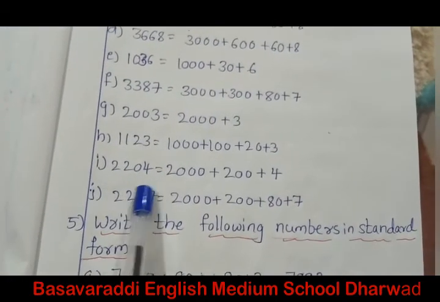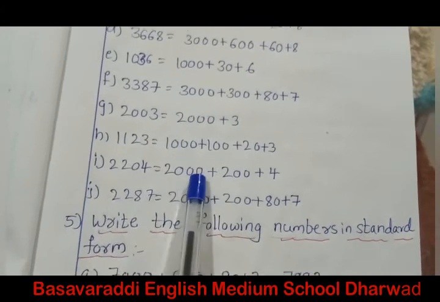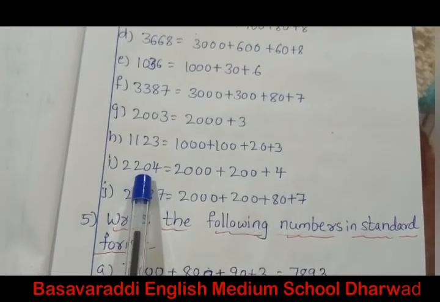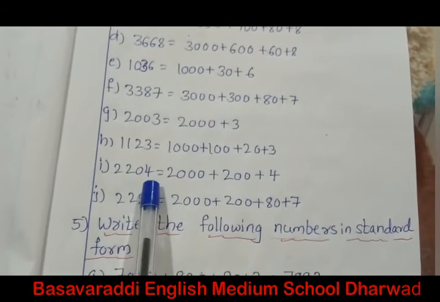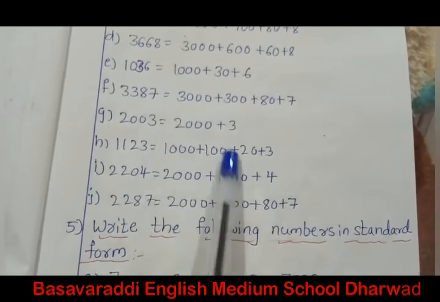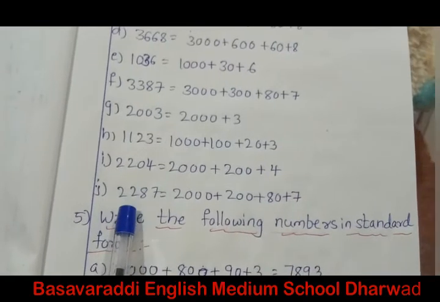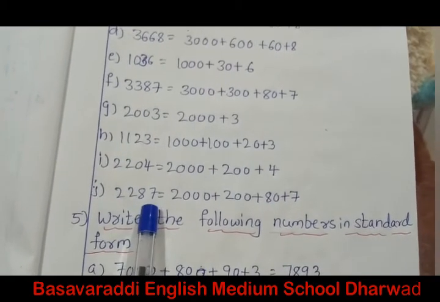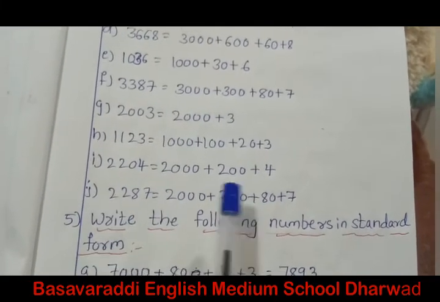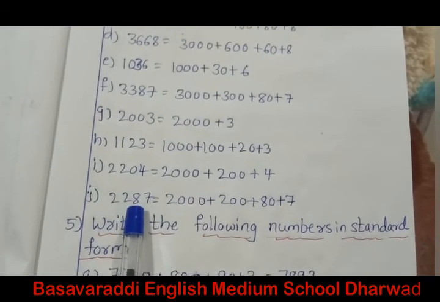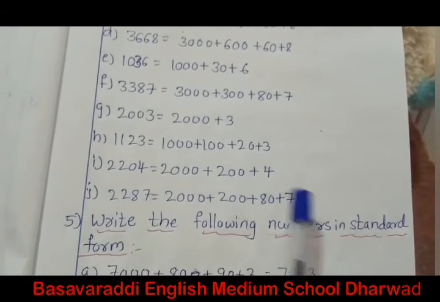I, 2204, 2000 plus 200, tens place is nothing, we are skipping, then the ones place is 4. This is what? Expanded form. This is standard form. 2287 is standard form. So 2000 plus 200 plus 8. 8 is in the tens place, 80 plus 7.